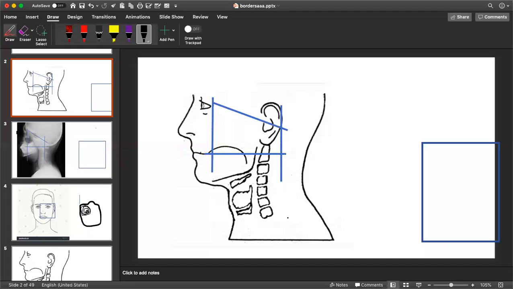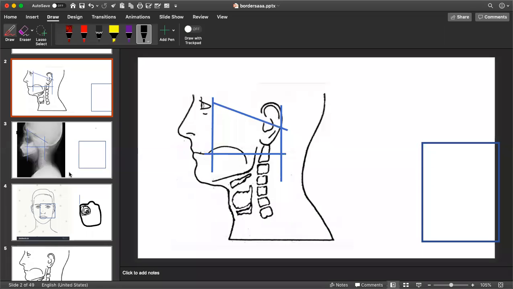So that's the basic thing: if you want to treat your nodes for an N0, your inferior border should at least cover level 3. And if you're treating a maxillary sinus with nodal involvement, your inferior border would go further down to where neck meets shoulder, unless you are using a low anterior neck portal, and your posterior border would again go 1 centimeter behind the mastoid.